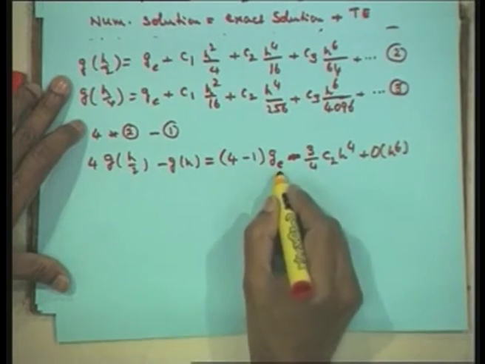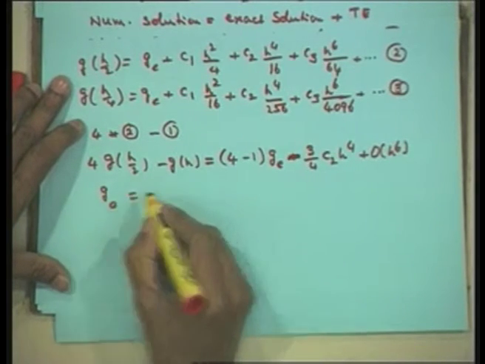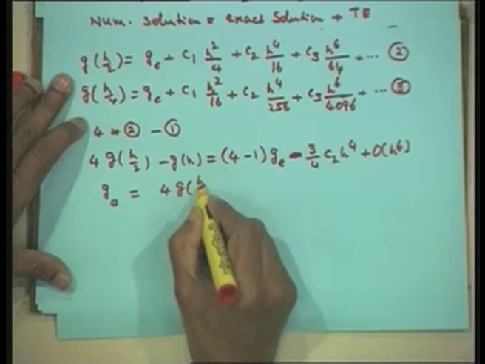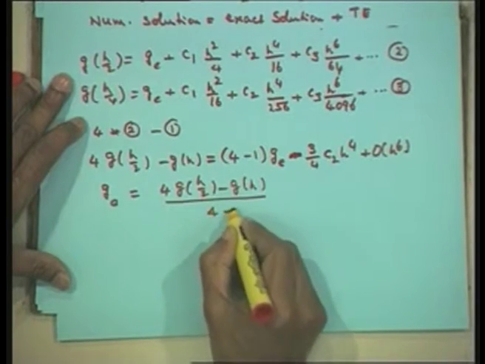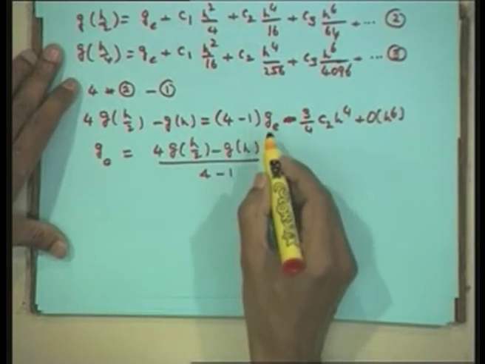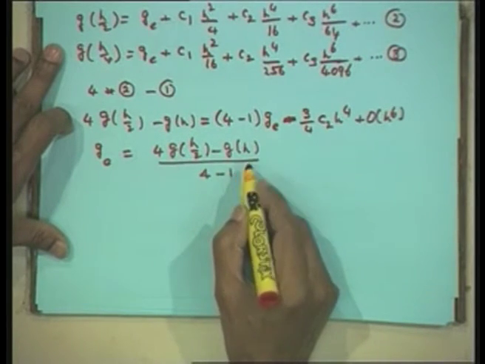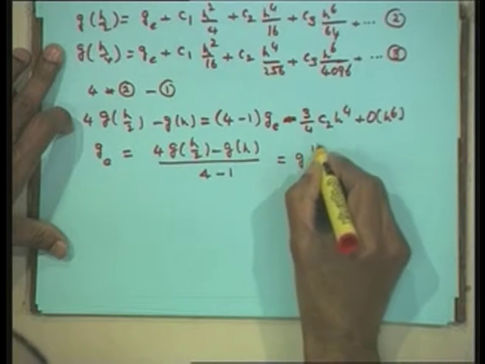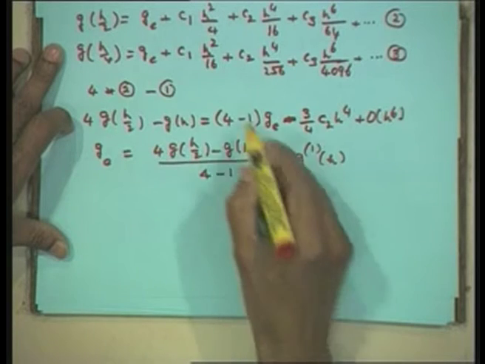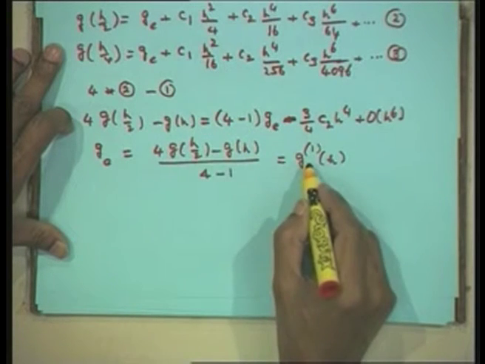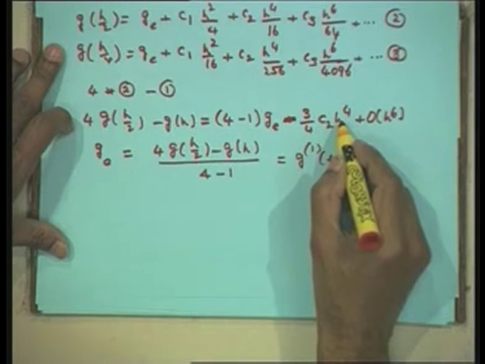Now, similarly, I will write down what is my G of E. G of E is 4 times G of h by 2 minus G of h divided by 4 minus 1. So, I find the value of G E by just dividing by 4 minus 1, and this I will denote by G1 of h. Now, here h square term has been removed, therefore, this result would behave like an order of h to the power of 4 result.